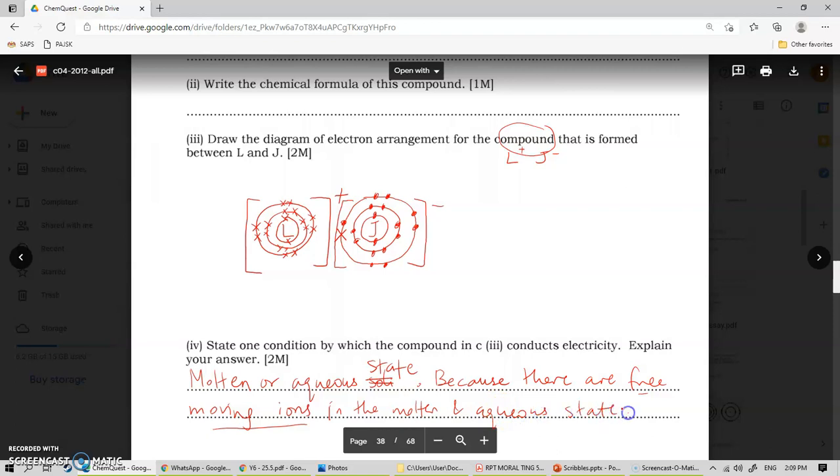In the solid state, there are no free moving ions. All the ions are held together. In molten and aqueous, the ions are moving freely. That's why it can only conduct electricity in a molten or aqueous state. This is for ionic compounds. Okay, that's all. Thank you.